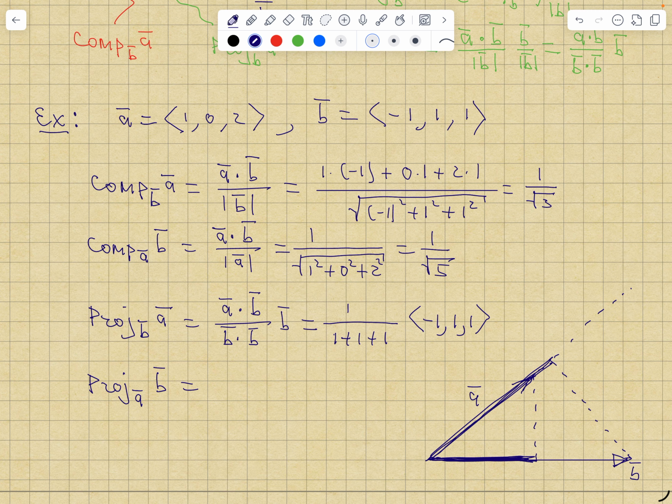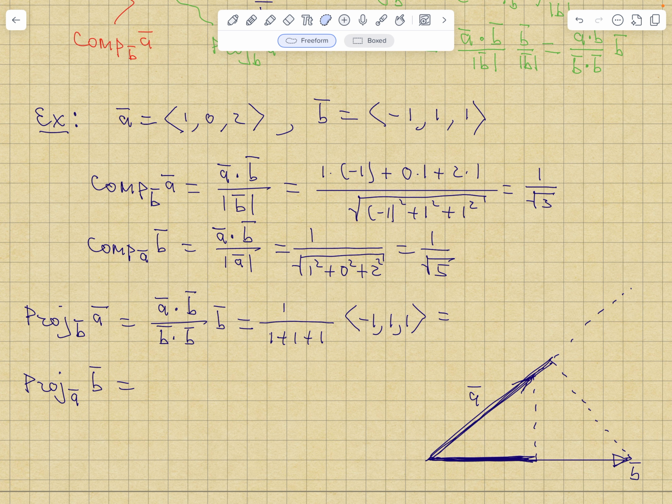And so this is equal to minus 1 over square root of 3, 1 minus 1/3, 1/3, and 1/3.